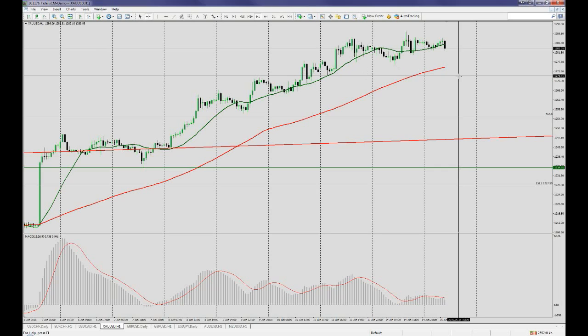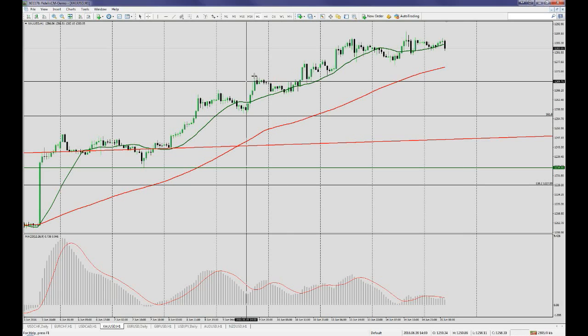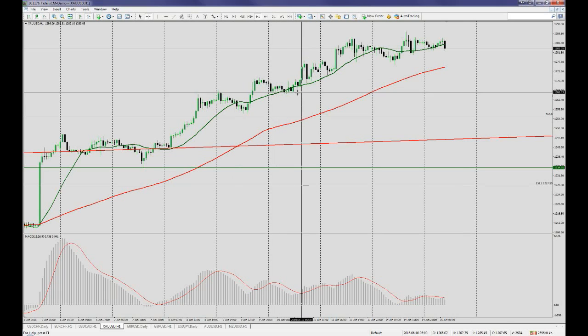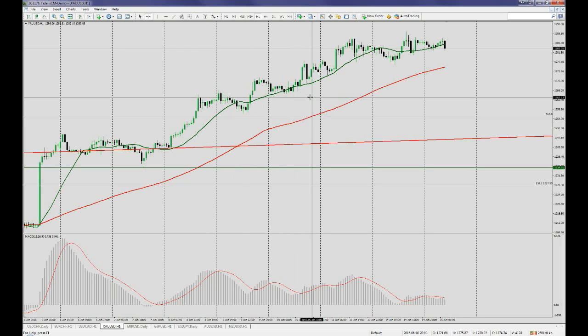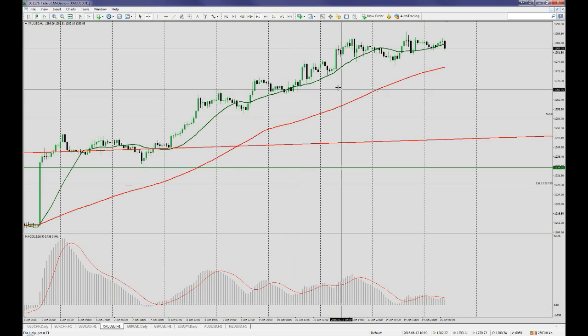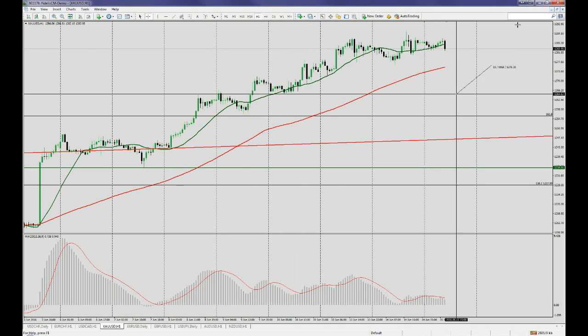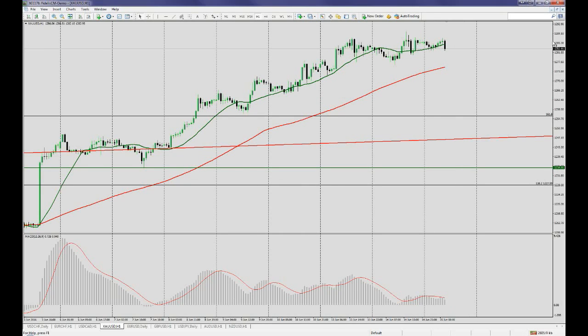So you can see that this level that I'm talking about, basically the zone over here, has been a massive support resistance level. And that level needs to be broken, well, tested and then reversed back in order for us to see the bullish development. And I do expect it to take place today, by the way.